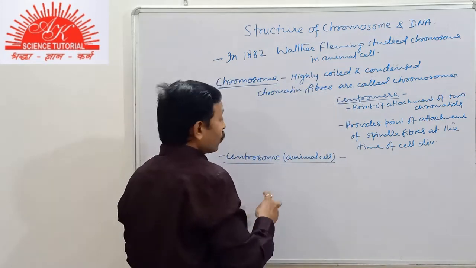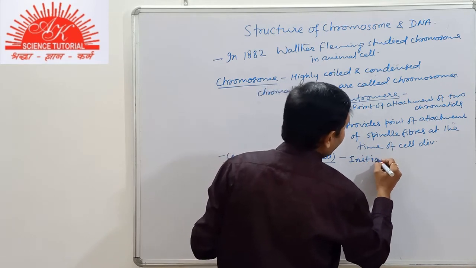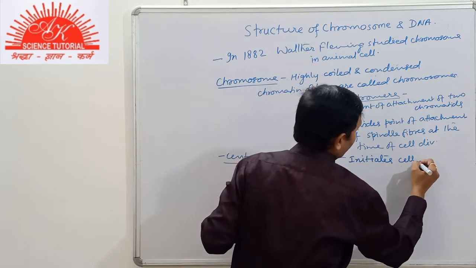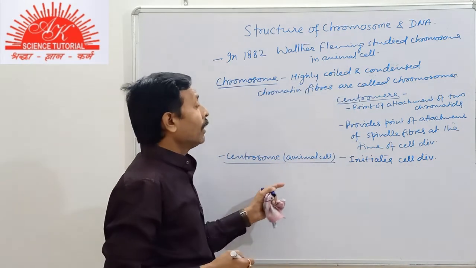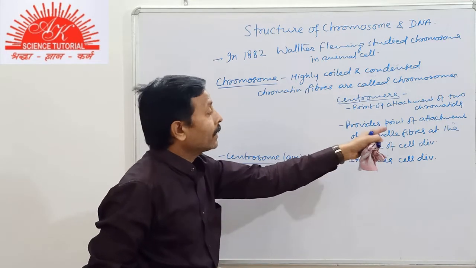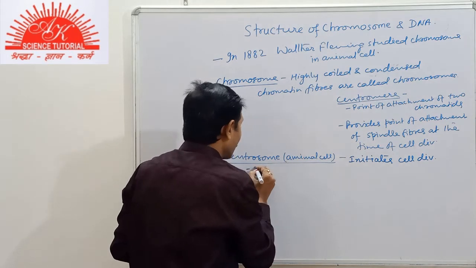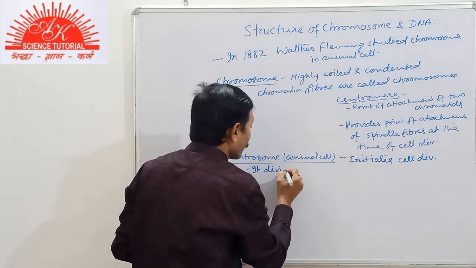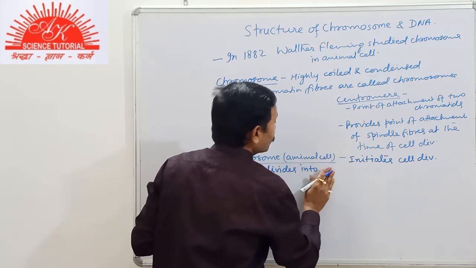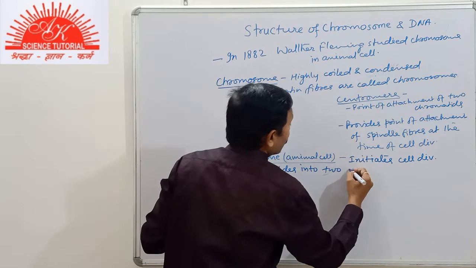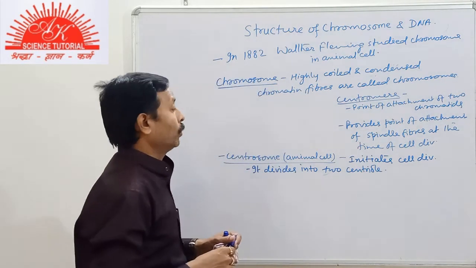So, centrosome in animal cell initiates cell division. If the question is asked what is the function of centrosome, then we say it initiates cell division by dividing into two centrioles, which are bundle-like structures in the centrosome.